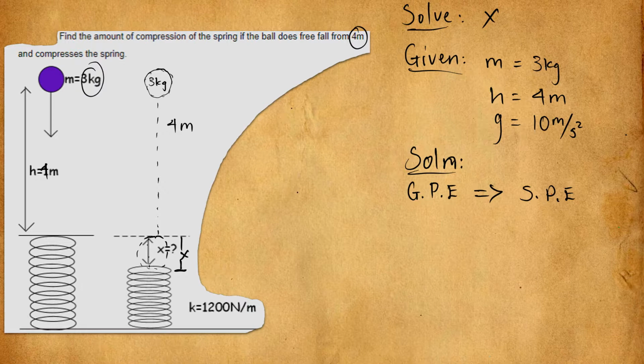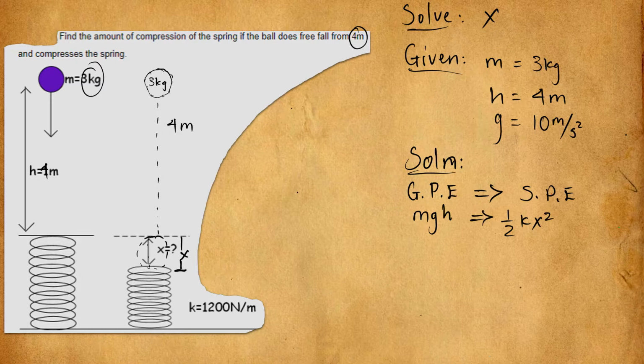Each form of energy has its own formula. So the gravitational potential energy has a formula of mass times gravity times height, mgh. That energy transferred into the spring potential energy. So the spring potential energy is half kx squared.